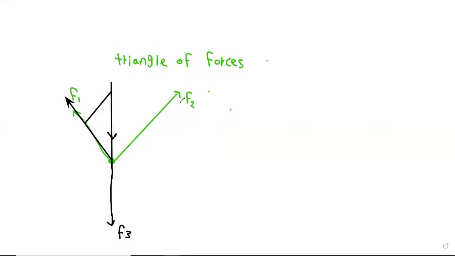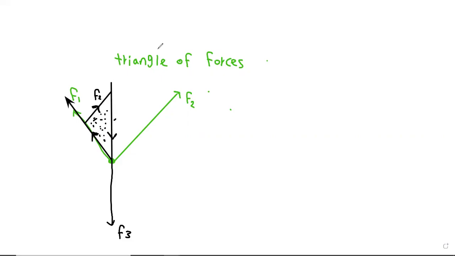So here we have F2, and this side in this triangle represents F2. Here we have F1 on this side and here F3. This triangle now is the triangle of forces, and F2 here is the same as this side.